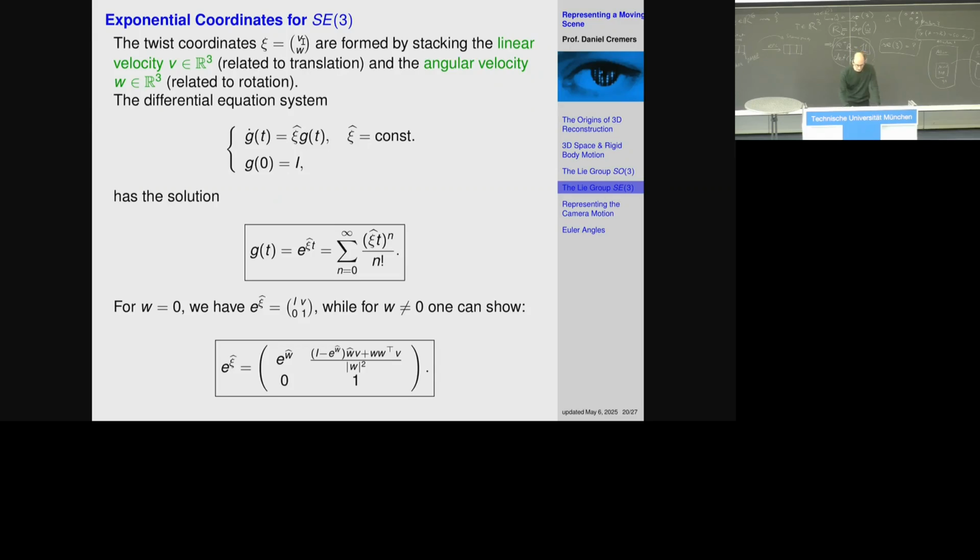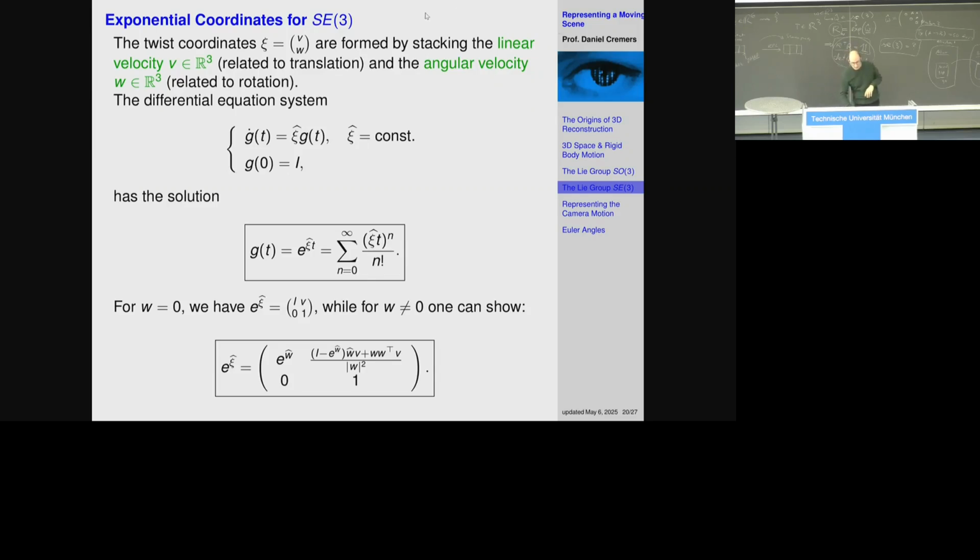By the way, in this twist coordinate vector, v and w, they have names. The v is called the linear velocity because that is the component that is the translational velocity that you know from high school, right? Something moves infinitesimally, the change in translation is given by the velocity.